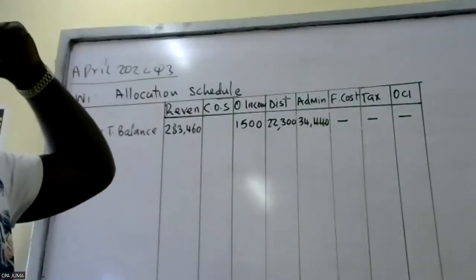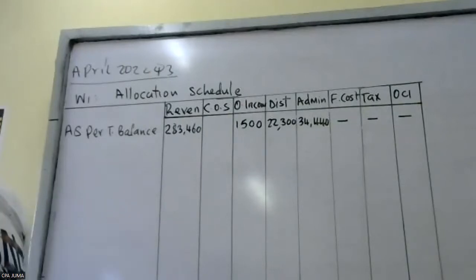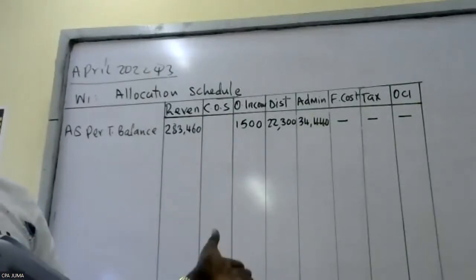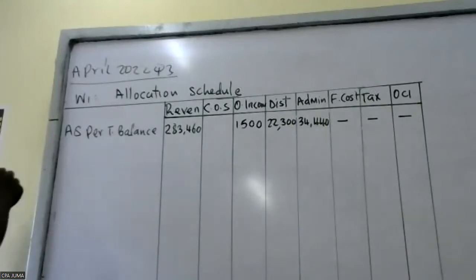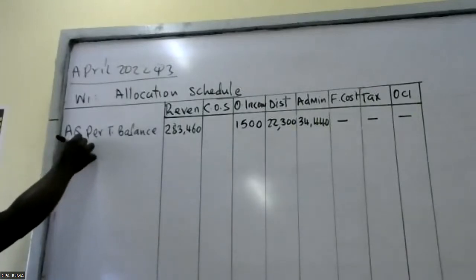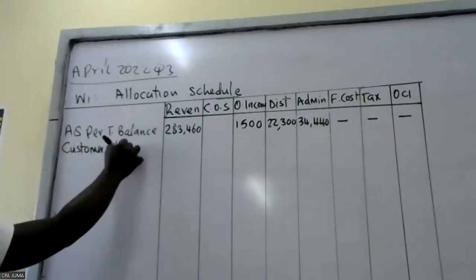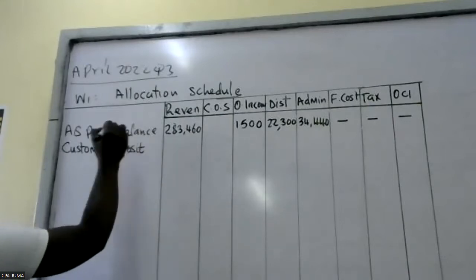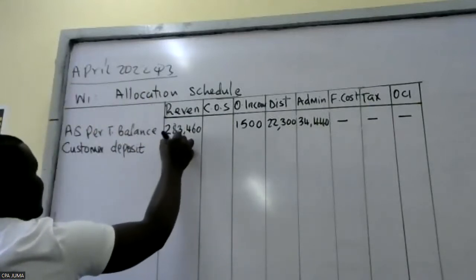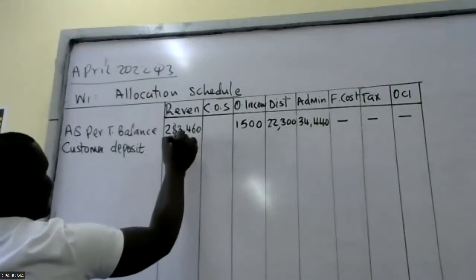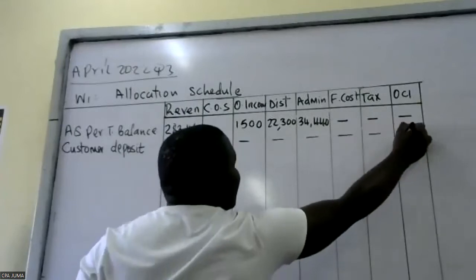When a customer gives you a deposit, do you really sell? No. The sale is when the customer has paid in full and you have given them the items. So you need to subtract the customer deposit. Customer deposit is not a sale. So customer deposit, this is 4,200.